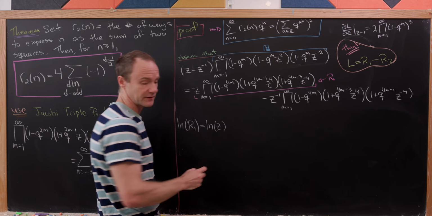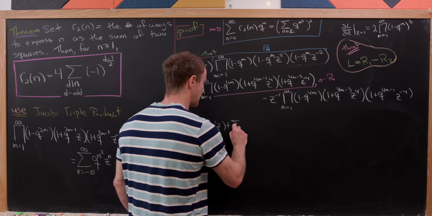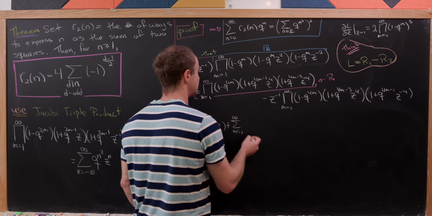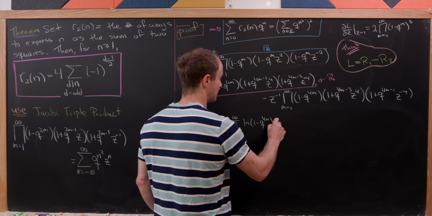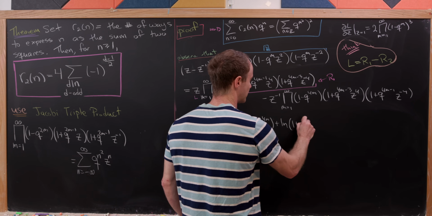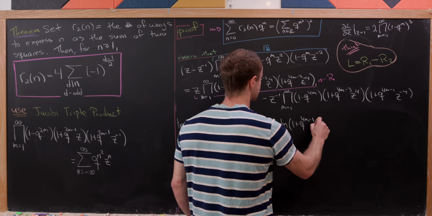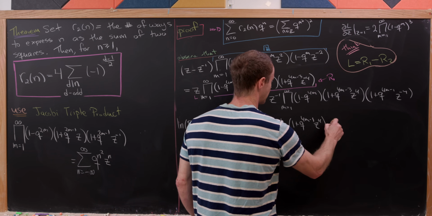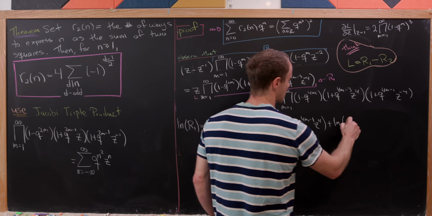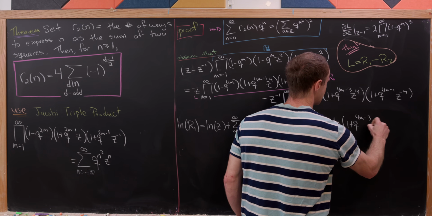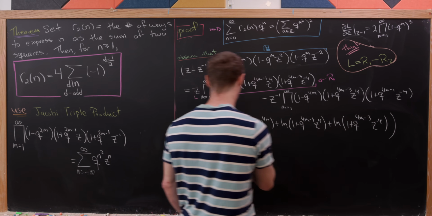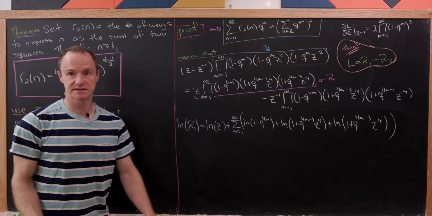And then after that, we're going to have the sum as m goes from 1 up to infinity of the log of 1 minus q to the 4m plus the log of 1 plus q to the 4m minus 1 times z to the 4 plus the log of 1 plus q to the 4m minus 3 times z to the minus 4. Okay, nice.